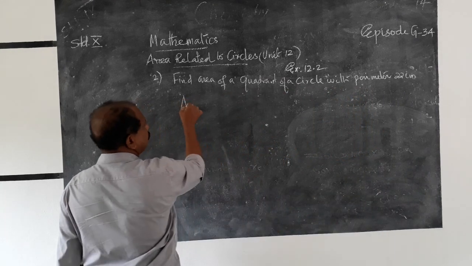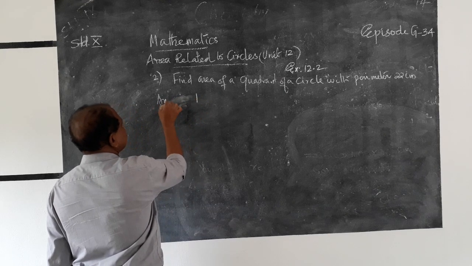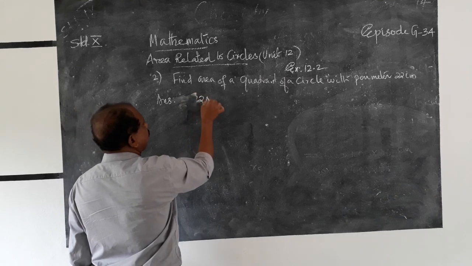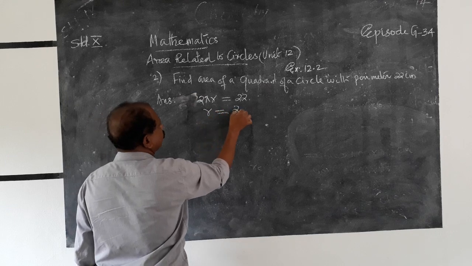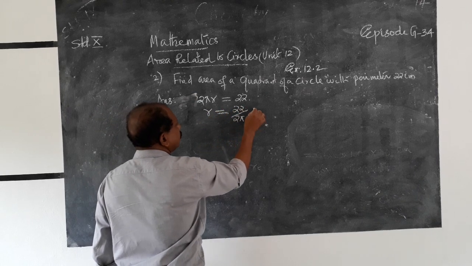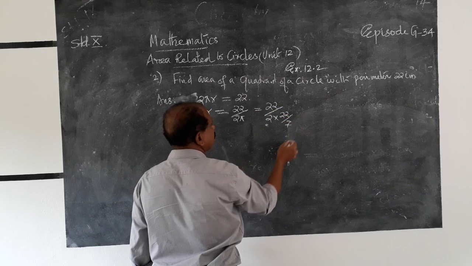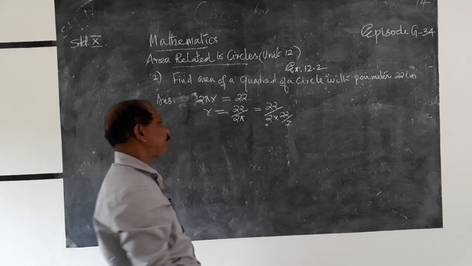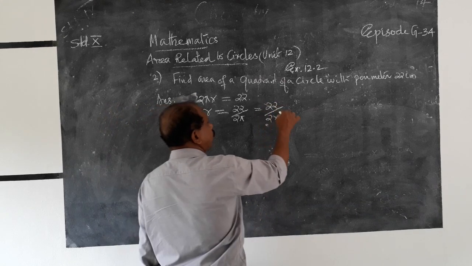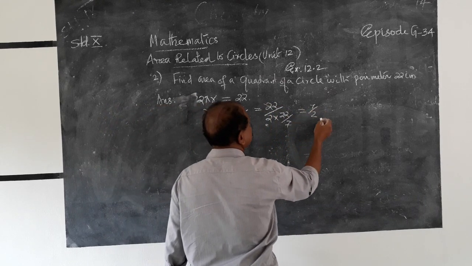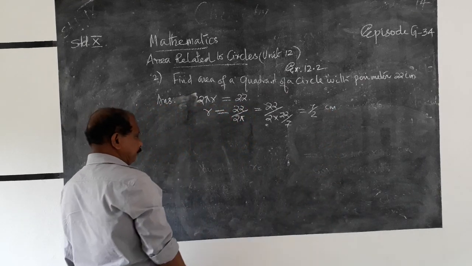Perimeter is given: 2 pi r is equal to 22. Therefore, r is equal to 22 by 2 pi, that is 22 by 2 into 22 by 7. 22 cancels, that is 7 by 2 centimeters. 7 by 2 is 3.5.